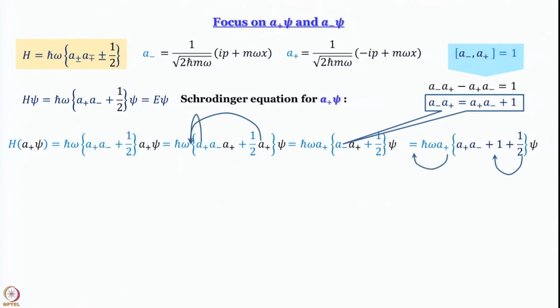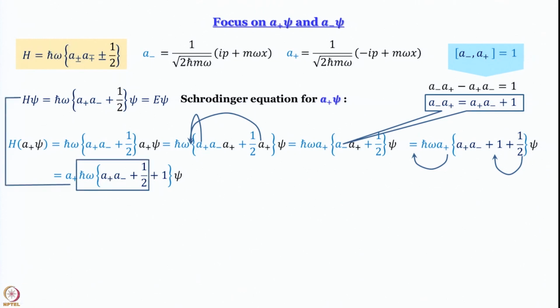And we can take this A plus in front as well, because H cross omega will be a number anyway. So, I will write like this: A plus operating on H cross omega (A plus A minus plus half) plus 1 psi. Why did I take A plus in front? Because H cross omega into (A plus A minus plus half) is the Hamiltonian here.